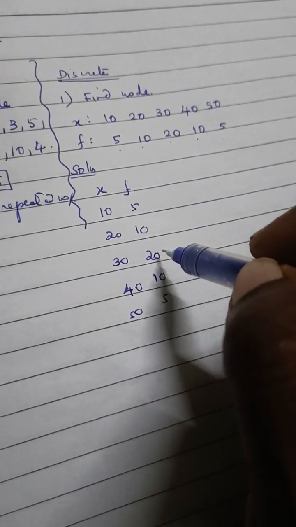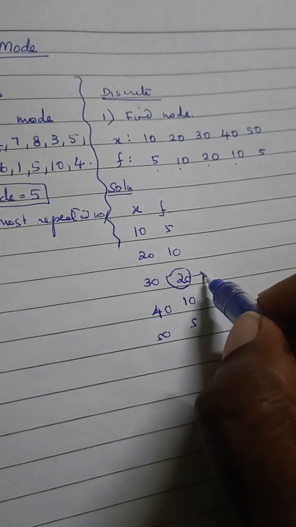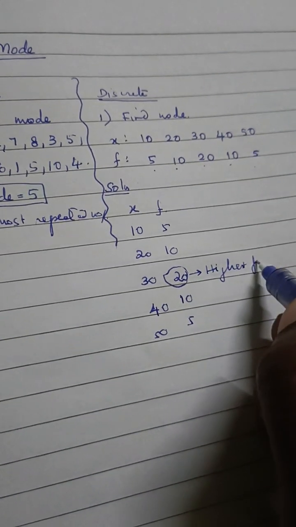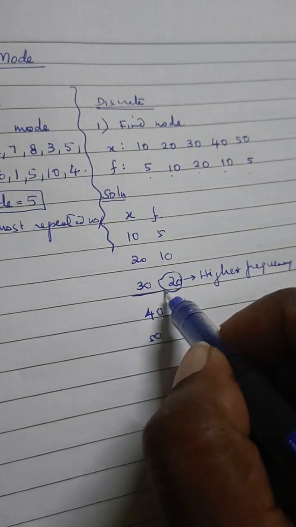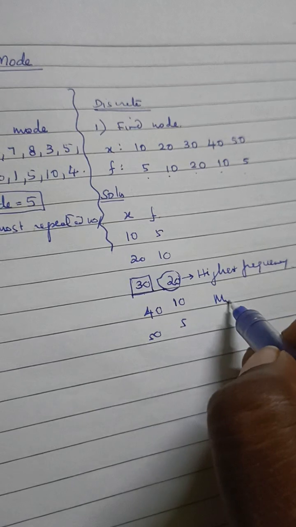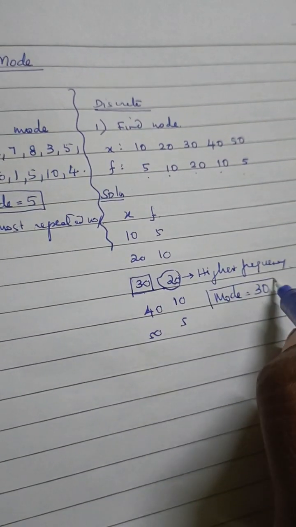This is the highest frequency, correct? The corresponding value of X is this. So the mode is 30. Over, done. Problem is done.